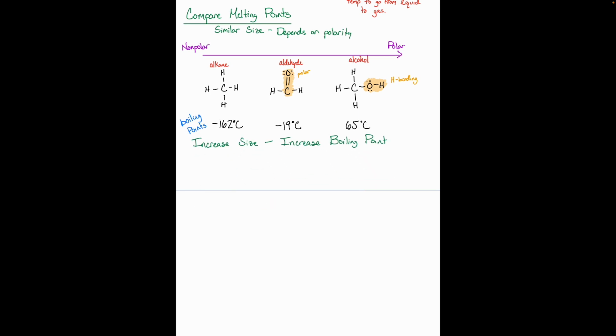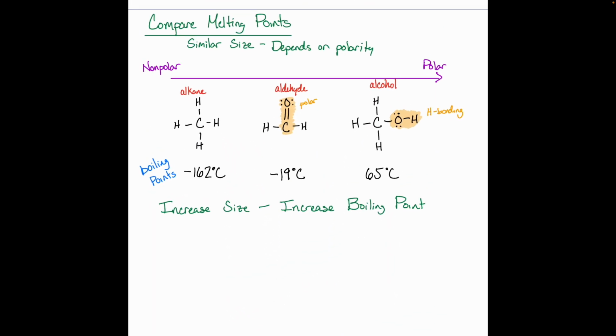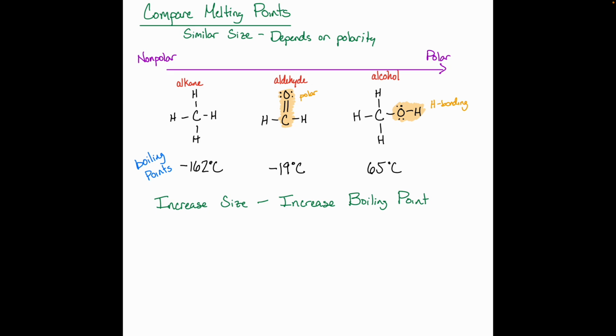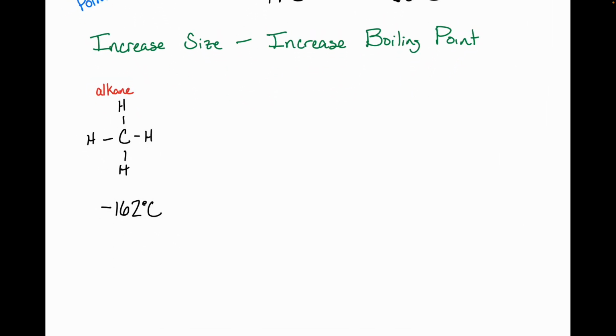Let's do this. So we had our example, our CH4, we said that that has a very, very low boiling point. Okay, let's start putting some more carbons on there. I'm going to use our bond line structures now.